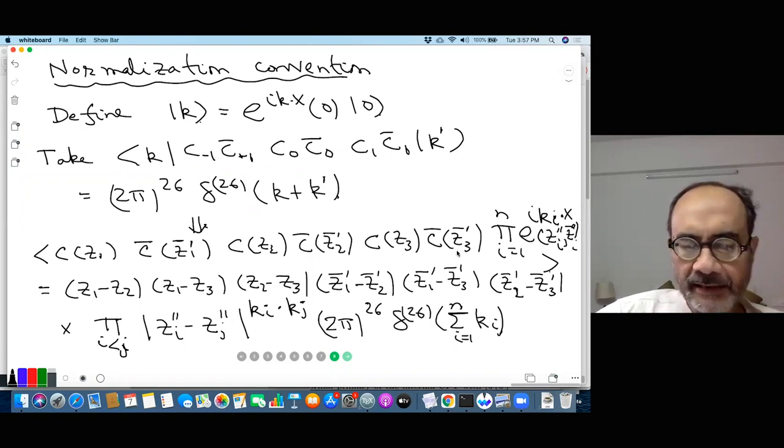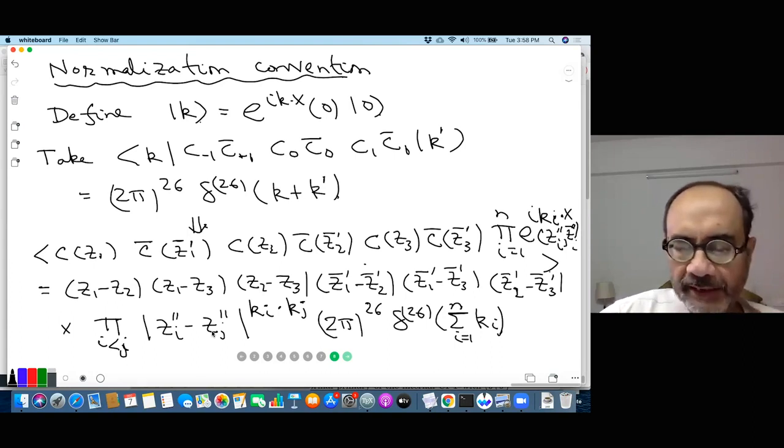And then starting with this, you can insert arbitrary c's and b's, their derivatives, partial x, bar x, and so on. All of those you can figure out just by analyticity and the operator expansion.